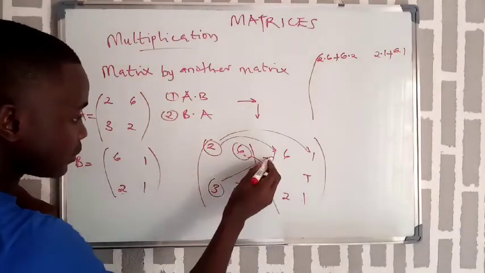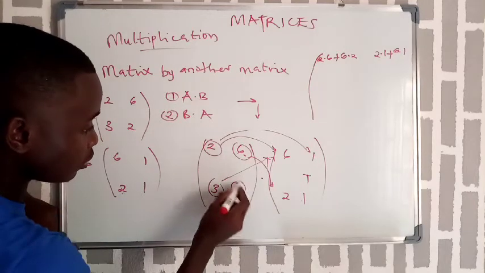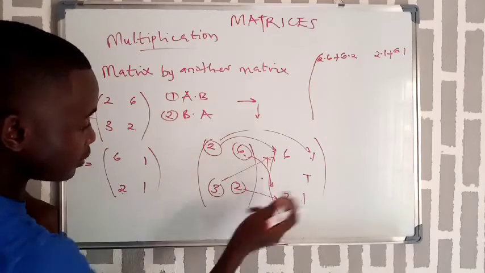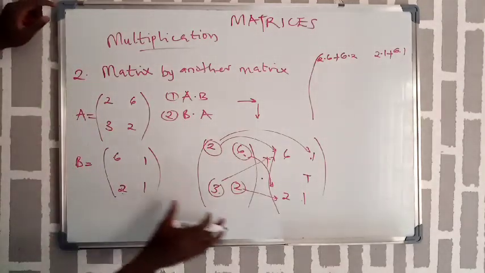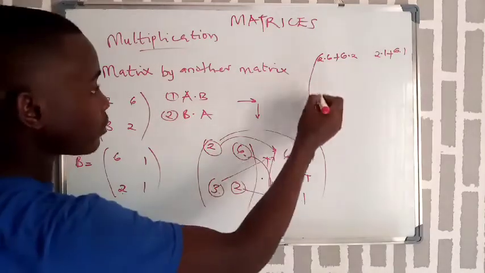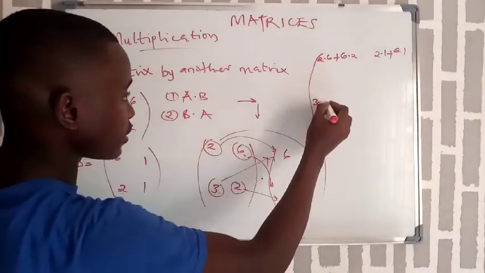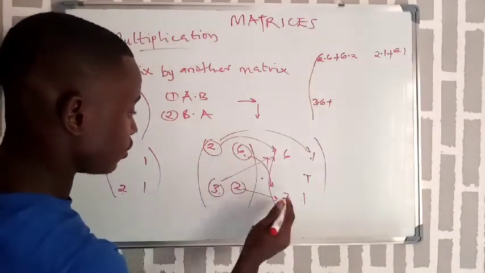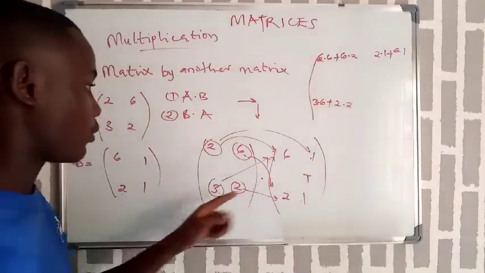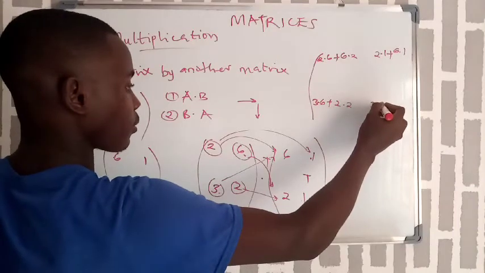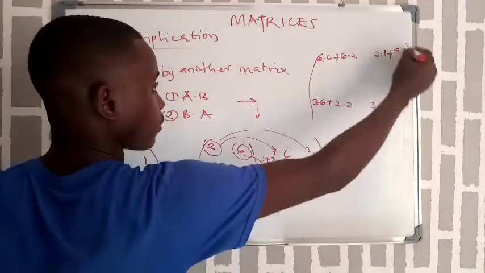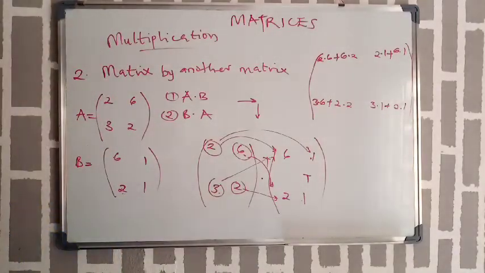This one goes with this one, and this one goes with this one, and remember to add up everything you have. So here goes 3 dot 6 plus 2 dot 2. Now 3 dot 1 plus 2 dot 1. So calculate that to get our answer.